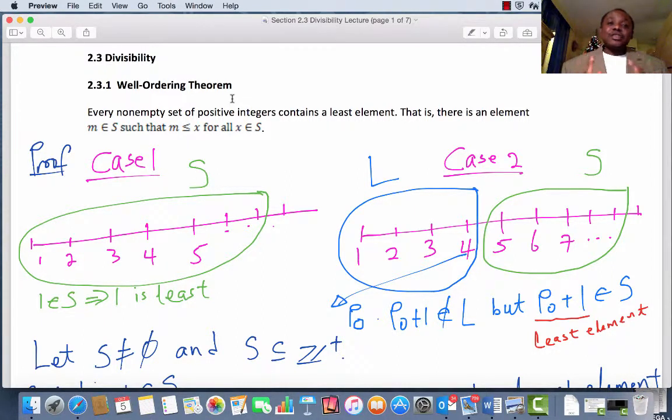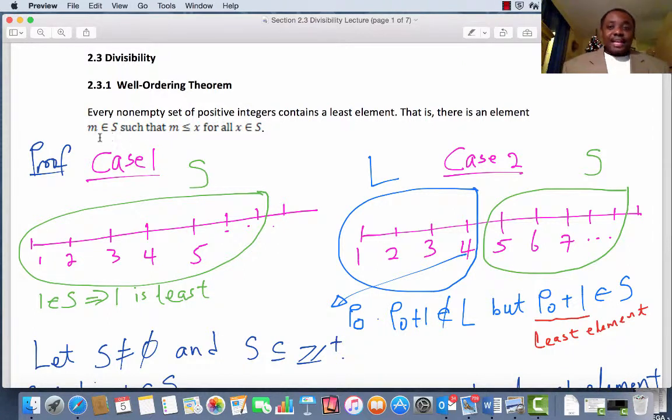Is it necessarily the case that that subset must have a least element of its own? The Well Ordering Theorem states that if S is a non-empty subset of positive integers, then S contains a least element.